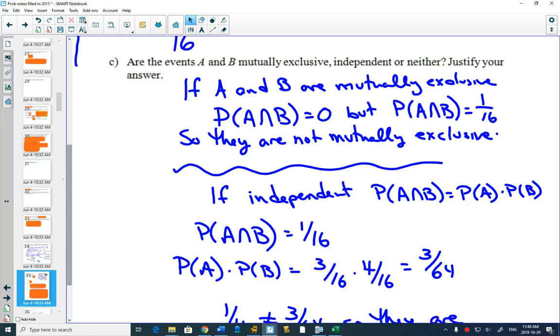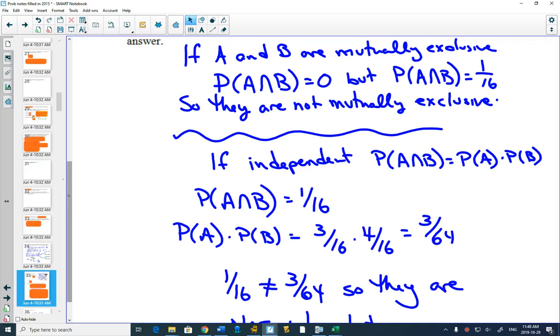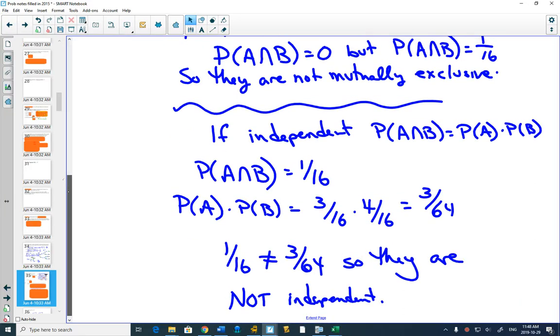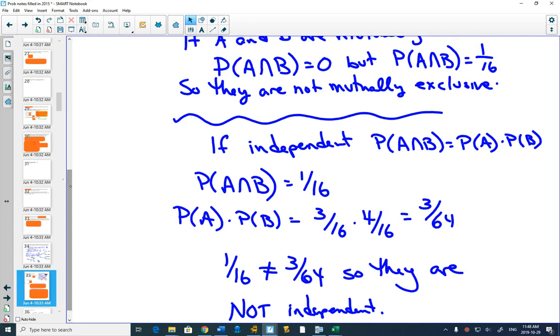But in reality, we found out the answer was 1 out of 16. So they are not independent either. They're not mutually exclusive, not independent, so you would just say that it's neither. There's no special name. They're awkward.